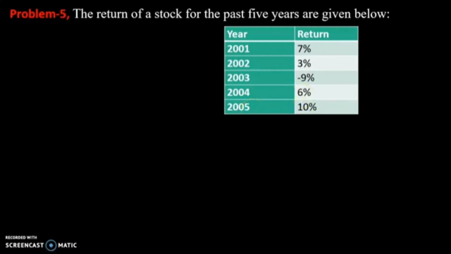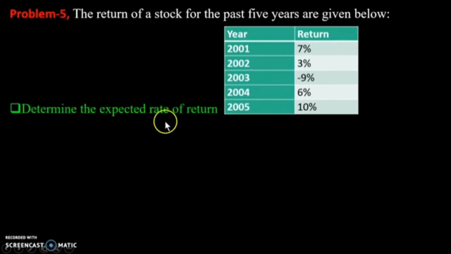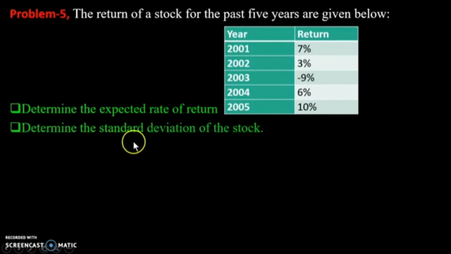In previous lectures we learned that returns are of two types, positive returns and negative returns. Positive return means profit and negative return means loss. Determine the expected rate of return and determine the standard deviation of the stock.